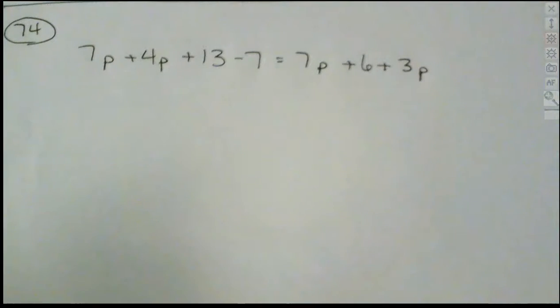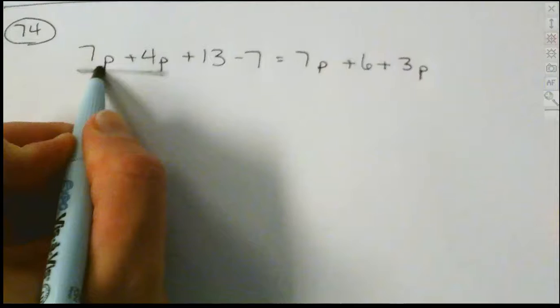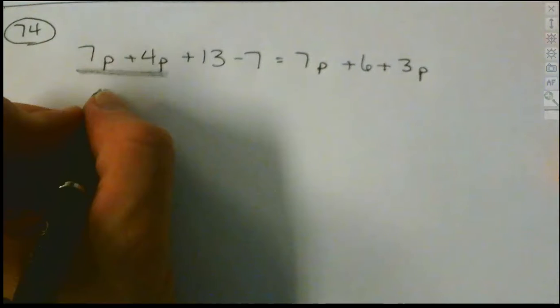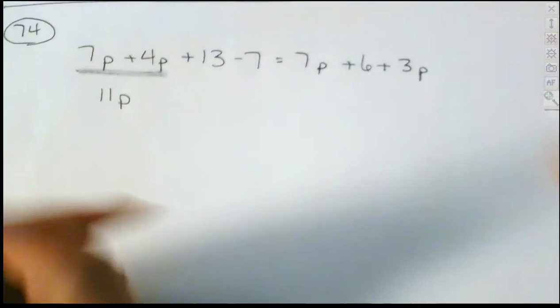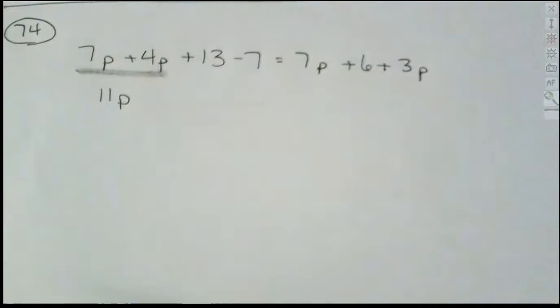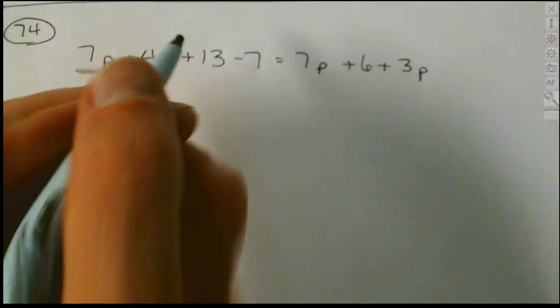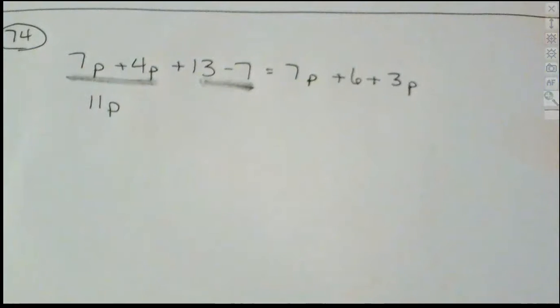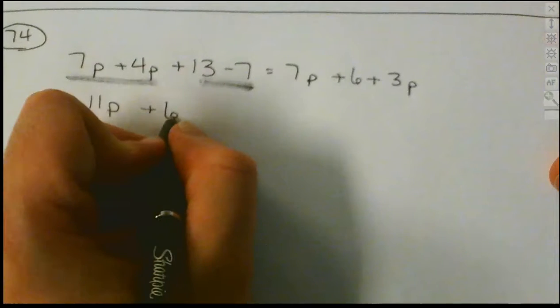Before we move things across the equal sign, or the equal bar, we need to combine like terms together. So these are like terms here. So the 7p and the 4p, well, 7 plus 4, that makes it 11p. Okay, so there's that. Then we do the same thing with that 13 minus 7. A 13 minus 7, that gives you a positive 6.